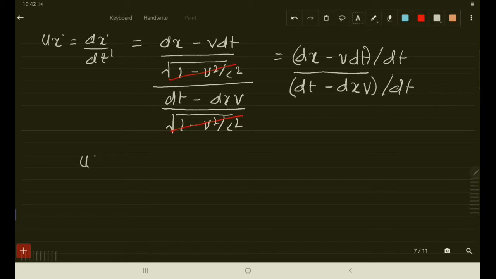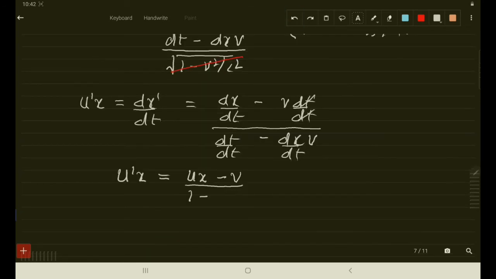So u dash x, that is dx dash by dt dash, is equal to dx by dt minus v dt by dt, the whole divided by, we know it is ux into v. We have forgotten one component here.